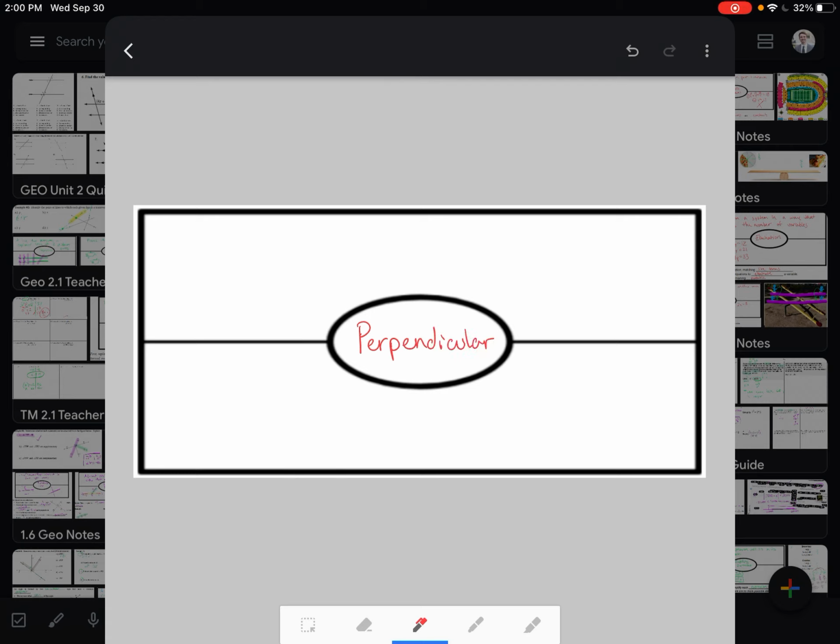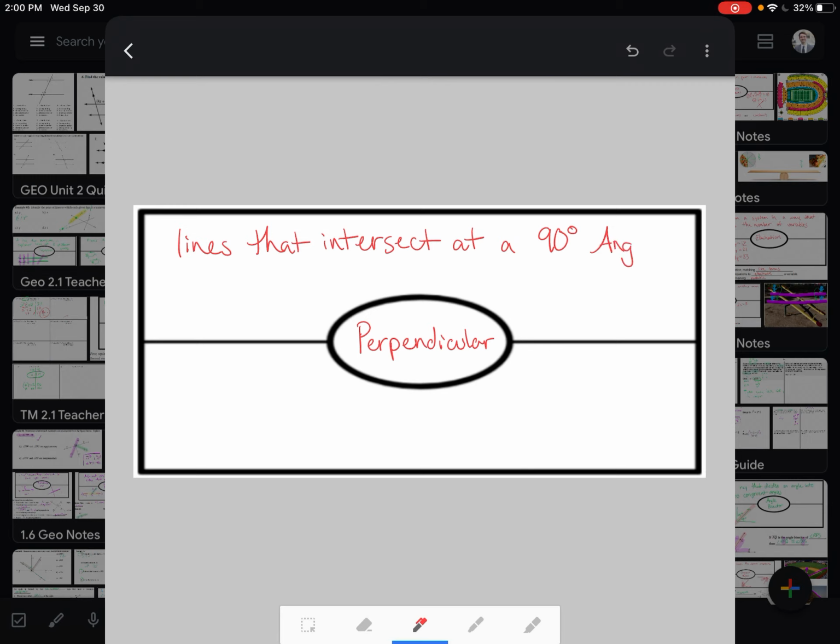And the definition of perpendicular is lines that intersect at a 90-degree angle. So it's just a really fancy way of saying if you have two lines and they cross, and their crossing happens at a 90-degree angle, they're perpendicular.